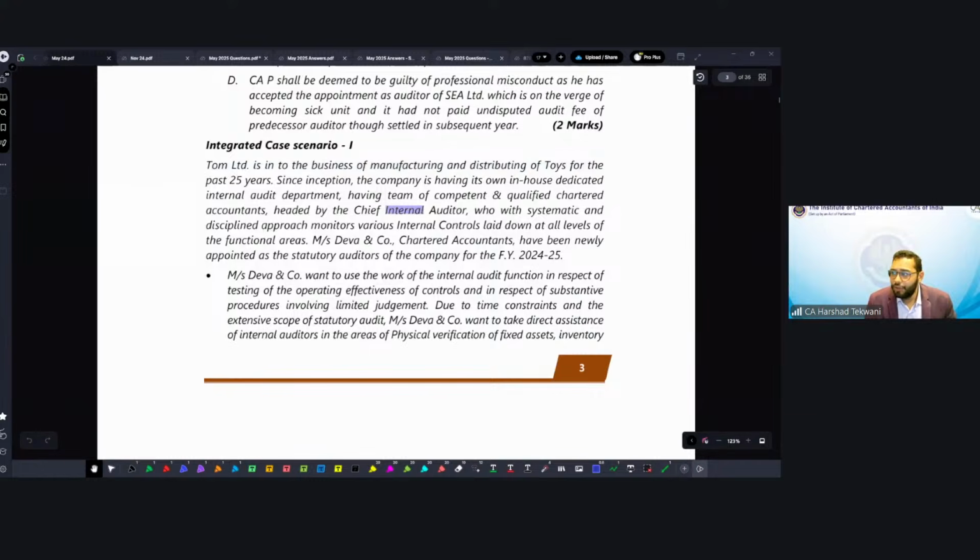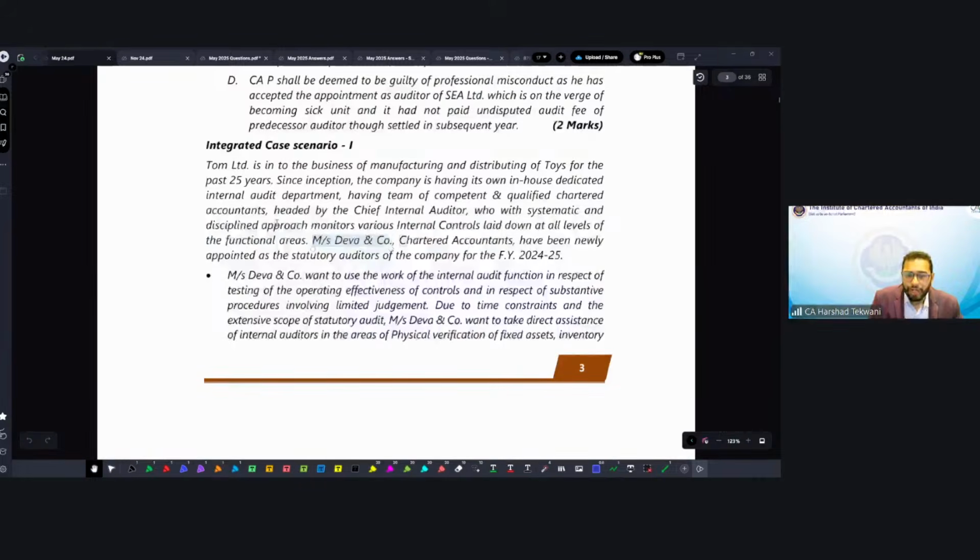Since its inception, the company has its own in-house dedicated internal audit department, which has a team of competent and qualified chartered accountants, headed by the chief internal auditor, who, with a systematic and disciplined approach, monitors various internal controls laid at all levels of the functional areas.